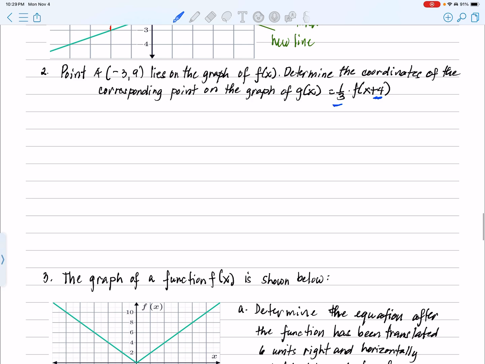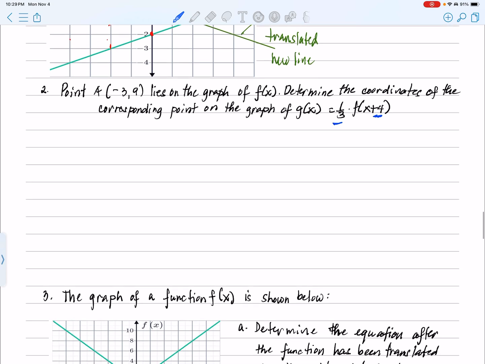We can use the given expression to determine the transformation from f of x to g of x. Then we can apply the transformation to point A. So in the expression, g of x equals 1/3 f of x plus 4.